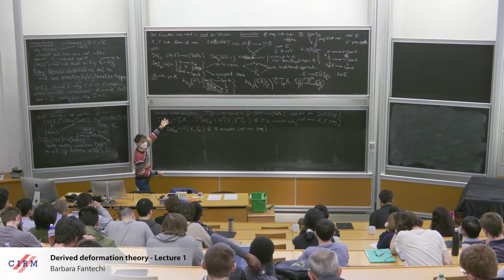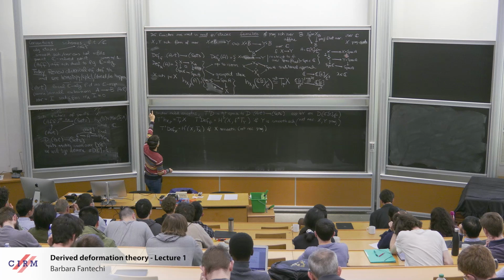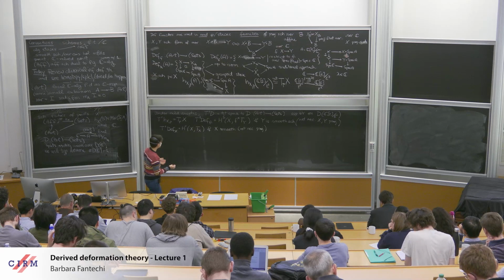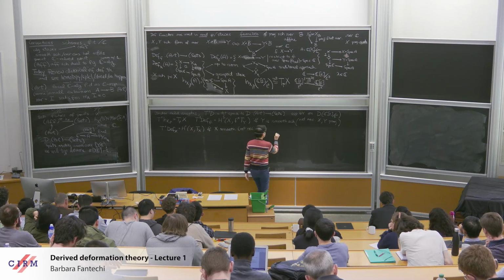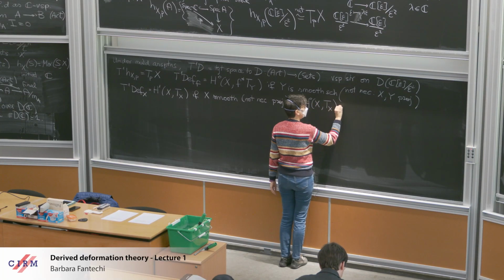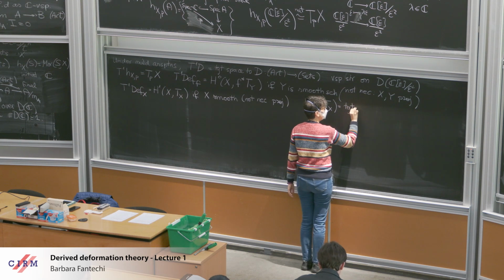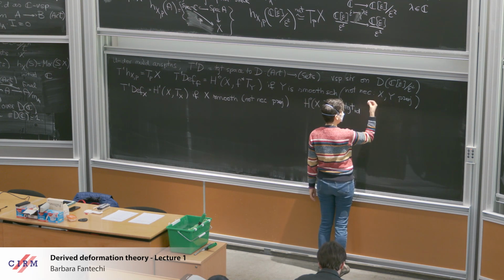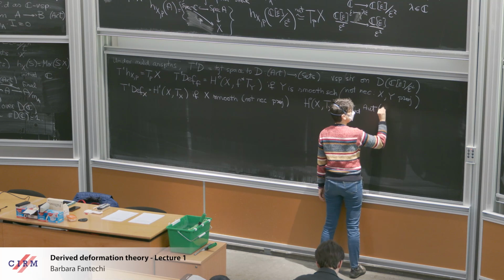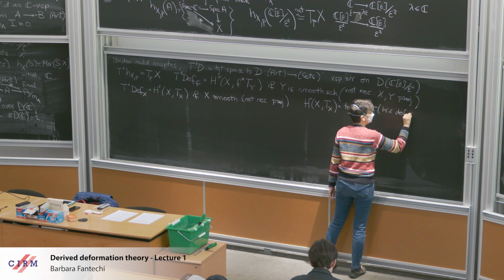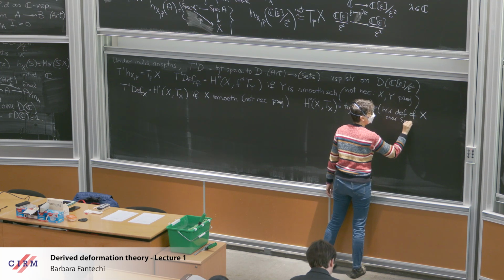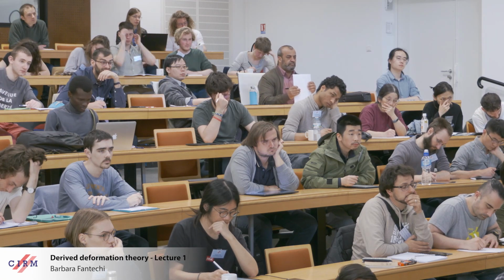Either two maps are the same or they are not the same. But in the second case, there was a notion of isomorphism. And in fact, what you get is that h0 of x tx is the tangent space in the identity to the group of automorphisms of the trivial deformation of x over spec C.